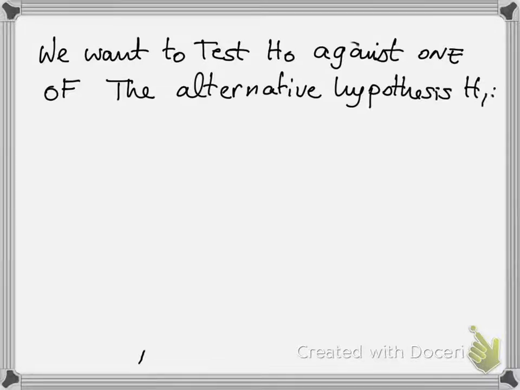So H1 could be that the average height is less than mu 0, 6 feet 5 inches. Or H1 could be that the real average height is larger than the null hypothesis, mu 0.